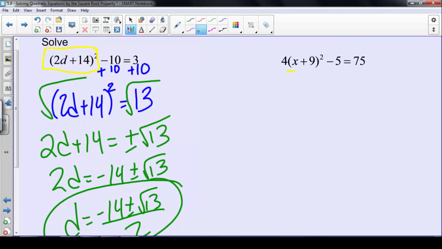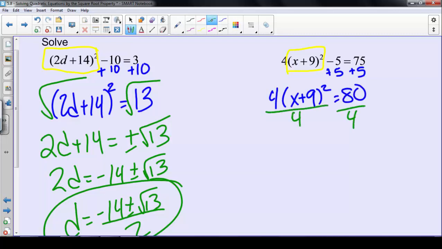Same thing here, we've got to get this squared quantity by itself first. So we need to add the 5. And then we still have to divide both sides by this 4. Square root of both sides.